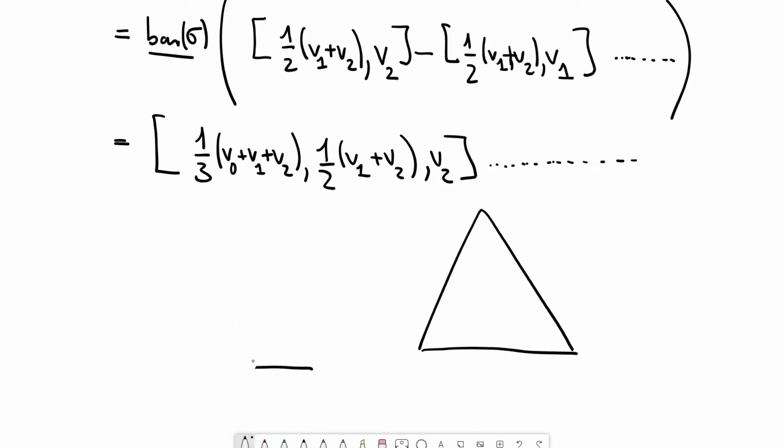Sigma is a map, but since it's the identity, it's enough to draw just the target space. And here's the barycenter of the sigma. Then the barycentric subdivision on the boundary does that. It just divides everything into halves.